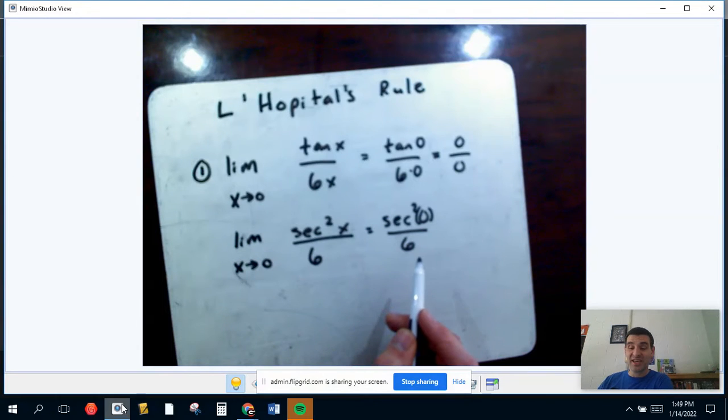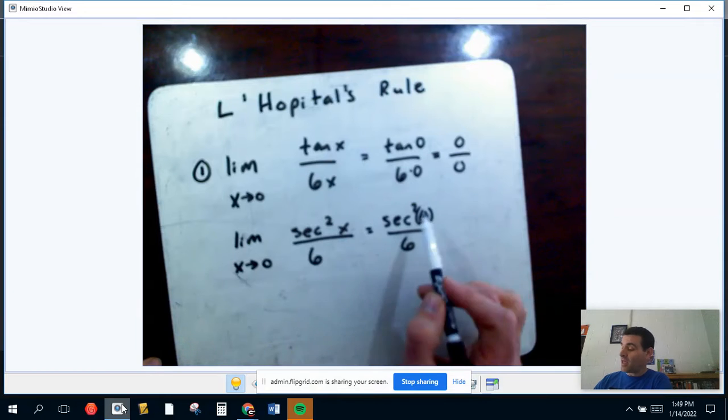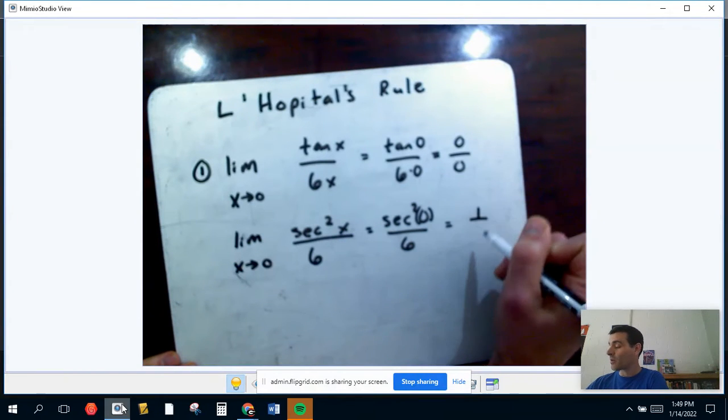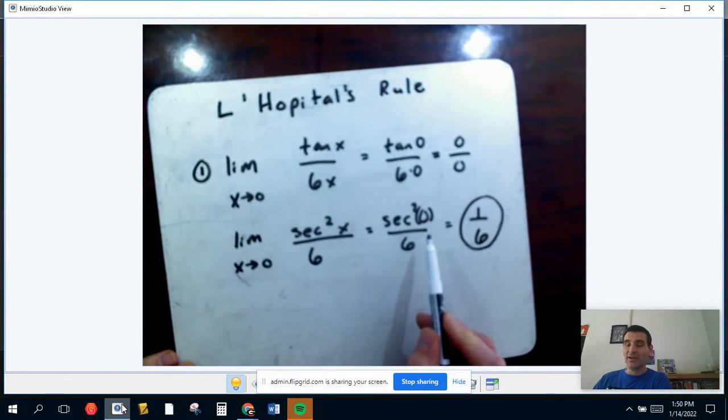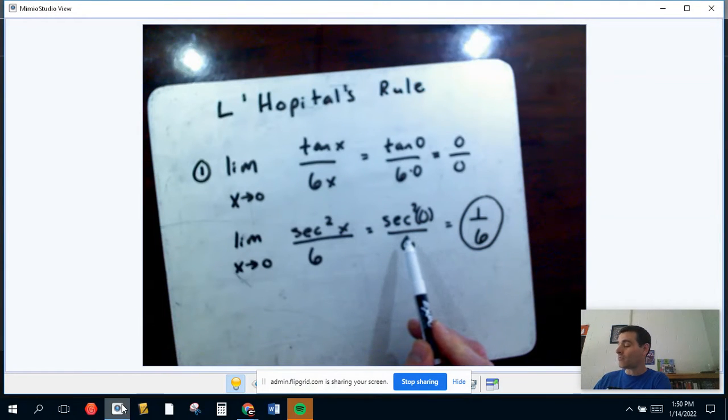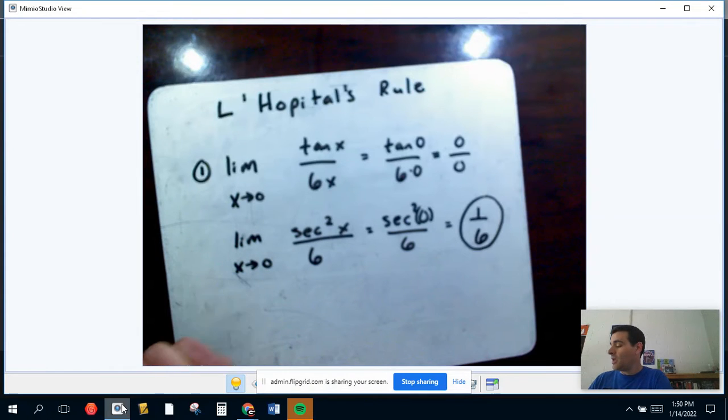Cosine of 0 radians, so the secant of 0 radians will be the reciprocal of 1, which is still 1, and 1 squared is 1. If you're going straight in the calculator there, you would say 1 divided by cosine of 0 quantity squared. But it's 1/6, so this clearly is not an indeterminate form. So that's our answer. Okay.